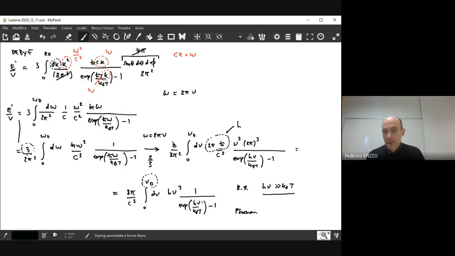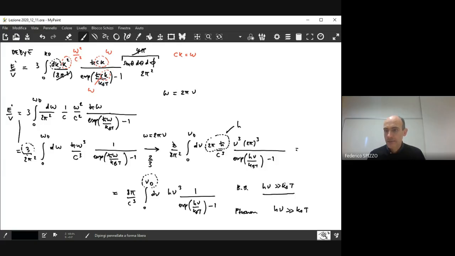At low temperature, if this symbol here represents the frequency of a phonon, then in general you have that the average energy of one phonon is larger and larger with respect to the typical thermal energy. While at high temperature, we have exactly the opposite situation, at low temperature, this situation appears.